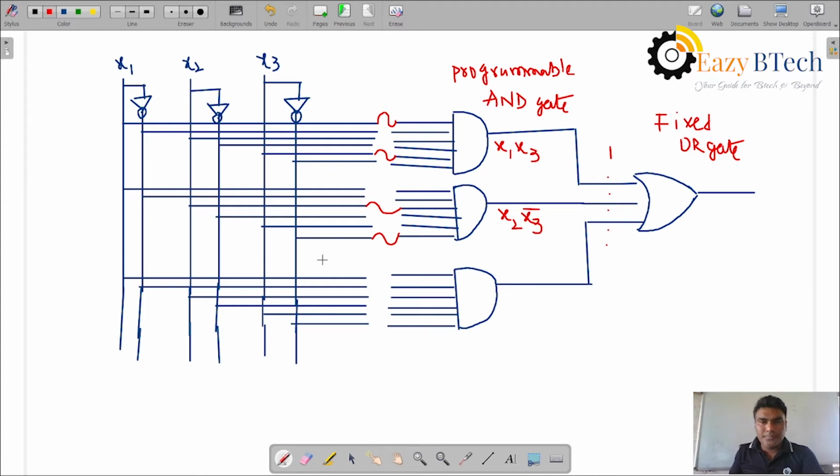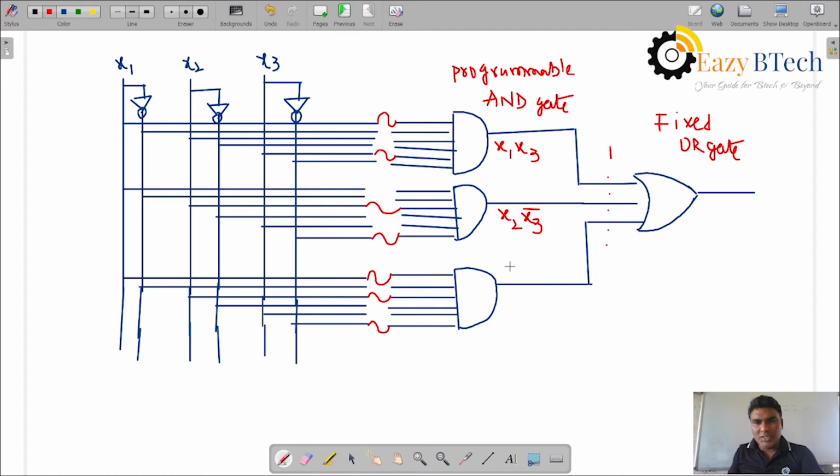According to the product term, the fuses are connected. Let us take x1, x2 and x3 complement.